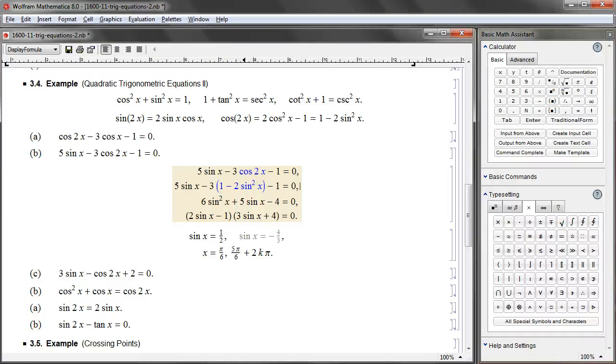Break up the parentheses, take the like terms together, simplify, factor. In the end, we have 2 sine of x minus 1 times 3 sine of x plus 4. In the end, we have sine of x equal to 1/2 or sine of x equal to negative 4/3. The latter is of course extraneous because sine function is always bounded between negative 1 and positive 1. So sine of x equals 1/2.